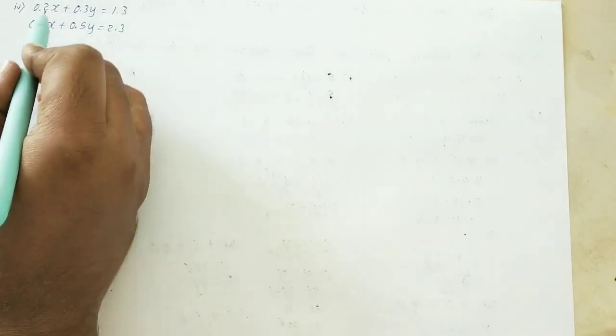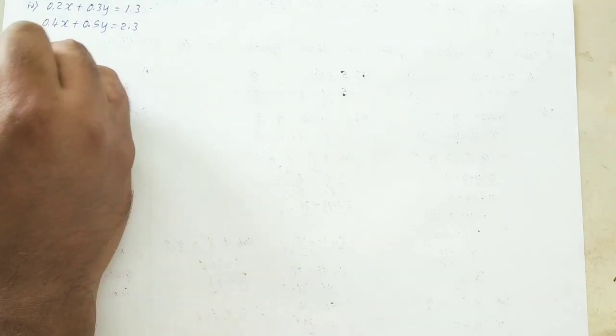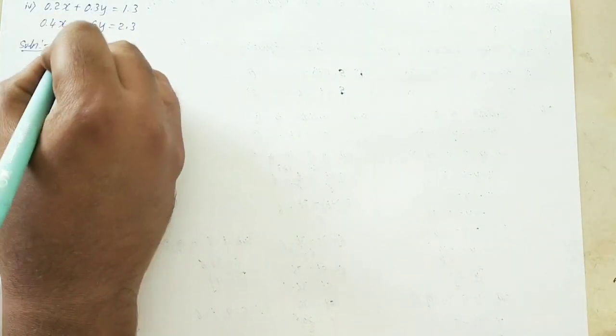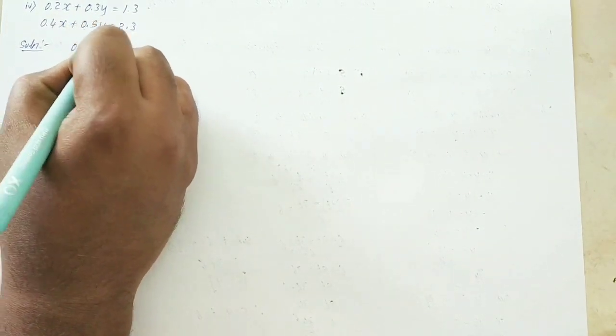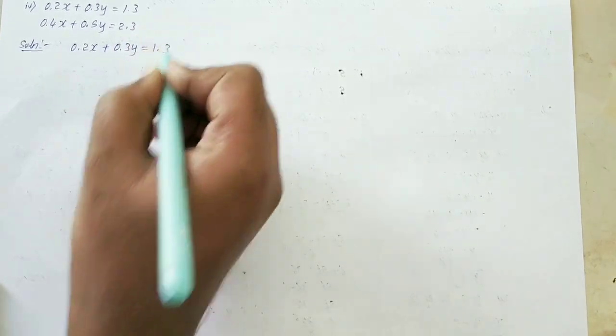Fourth sub question, 0.2x plus 0.3y is equal to 1.3 and the second equation is 0.4x plus 0.5y is equal to 2.3. So we have to simplify this and find the value of x and y, right? By which method? Substitution method. So I will take the first equation here, 0.2x plus 0.3y is equal to 1.3.